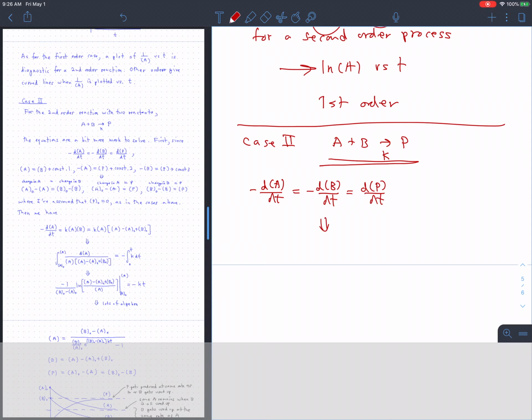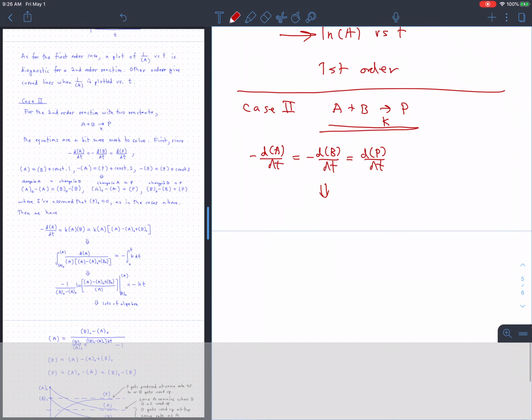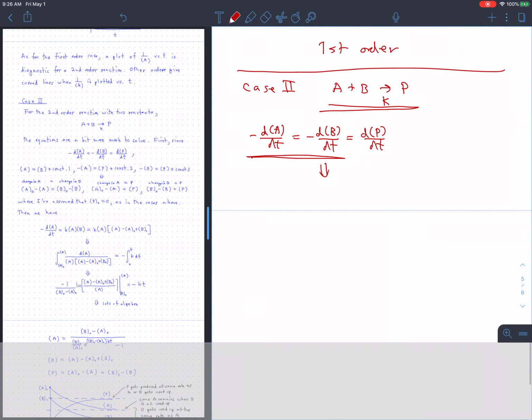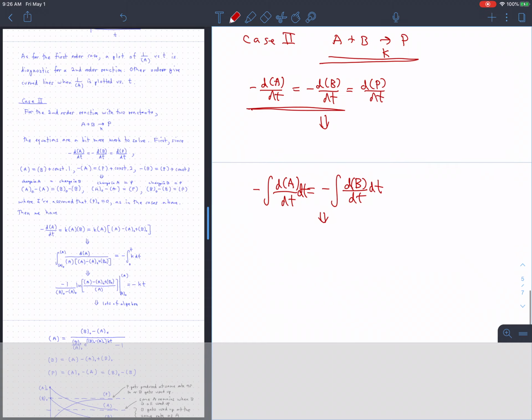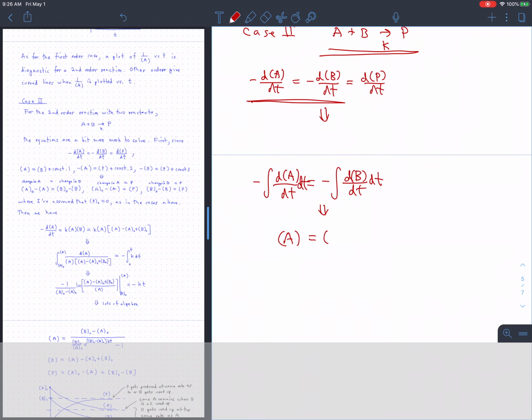And if we integrate these, there's pairs of them here, right? There's this pair, there's this pair, there's the A and P pair, so there's 3 different pairs we can integrate together. Let's just take this case first. If we integrate both sides, we get minus the integral of dA/dt is equal to minus the integral of dB/dt, and that gives A is equal to B plus a constant.